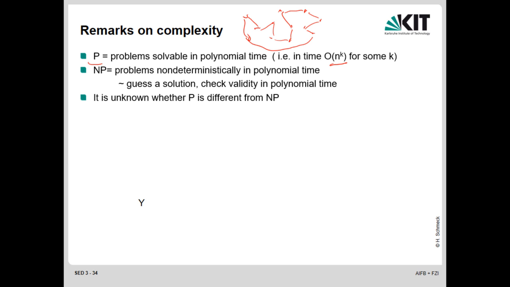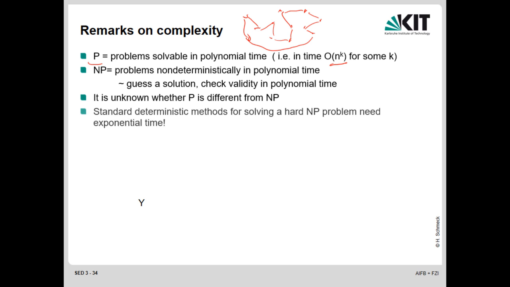And so these two classes seem to be quite close together. The only difference is whether it is deterministic or non-deterministic. And as I said, the standard deterministic methods for solving a hard NP problem need exponential time. And now the question is, what is actually an NP-hard problem?